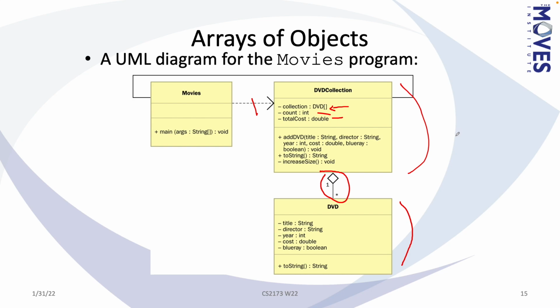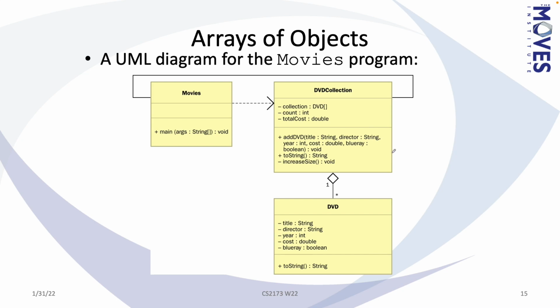But in just looking at this, for example, I can immediately see what's inside this class. And likewise, in the DVD collection, just by looking at it, I can see what the instance variables are, and I can see what the methods are.